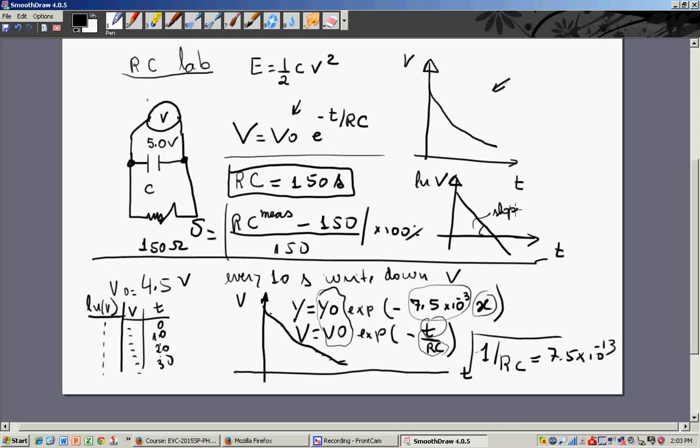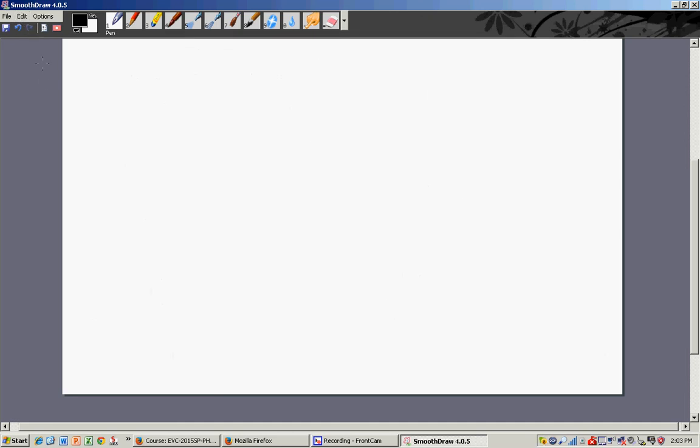And the slope of your straight line is 1 over RC, right? Which you can derive from this.